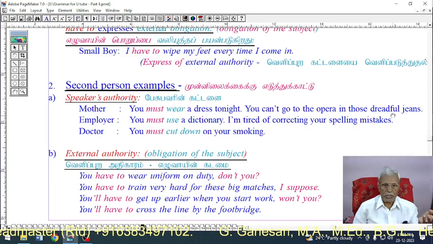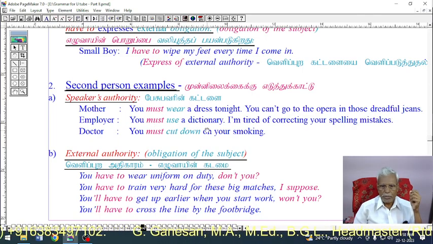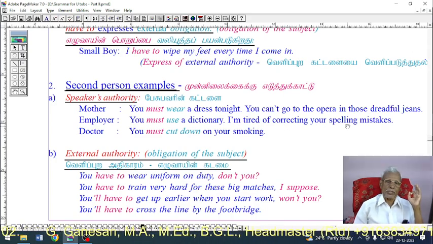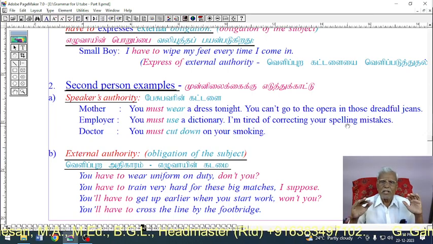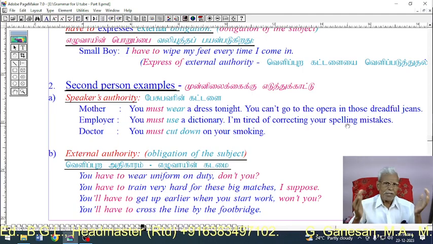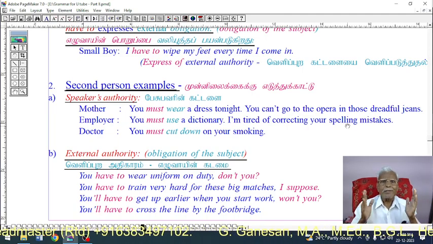It is the authority of the mother. Employer: you must use a dictionary. I am tired of correcting your spelling mistakes. You are committing so many mistakes. It is very difficult for me to correct them. So kindly make use of the right kind of dictionary.